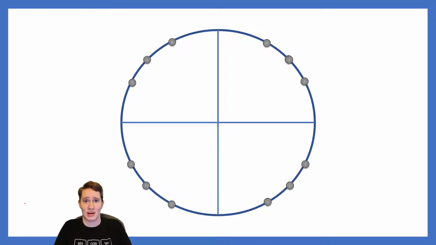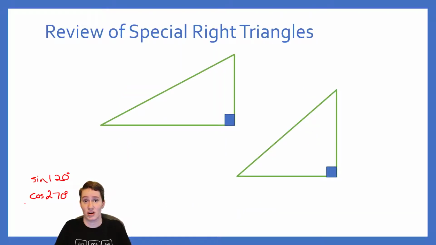But in order for us to do that, we need to address an issue with our special right triangles as we know them. Our special right triangles are 30, 60, 90, which has sides 1, square root of 3, and 2, and then 45, 45, 90, which has sides 1, 1, square root of 2.